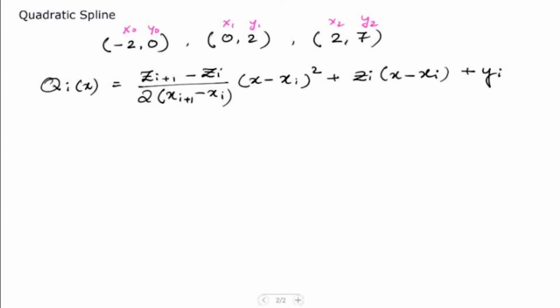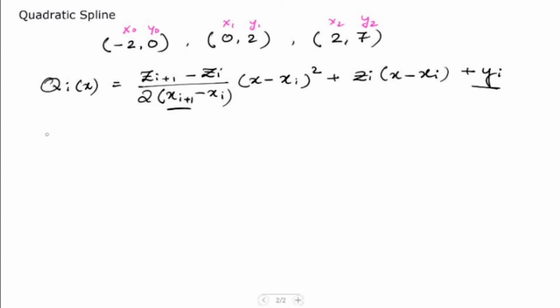As you can see, we have knowns that are x values and y values from the data points above, but we have unknowns z. We don't know their values. So first we'll work to find out the values for z.